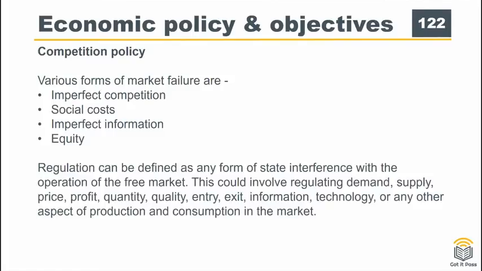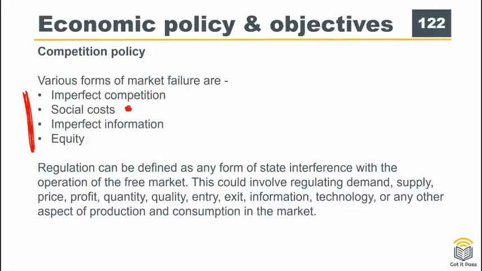So we talk about regulation because we have these different failures, for the government to intervene in the market. The government would like to protect the people, for example, from the social cost.